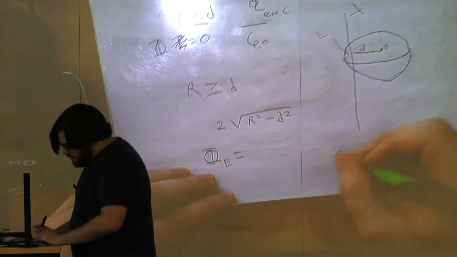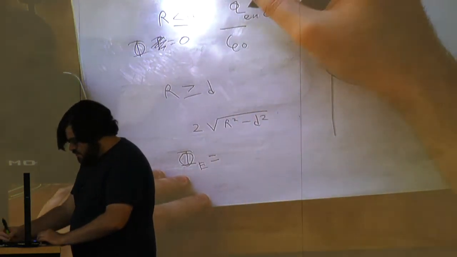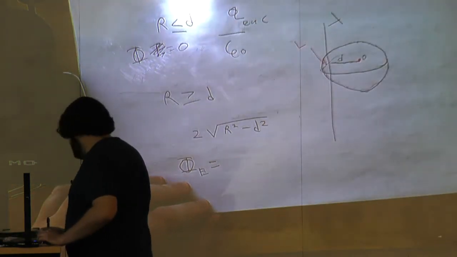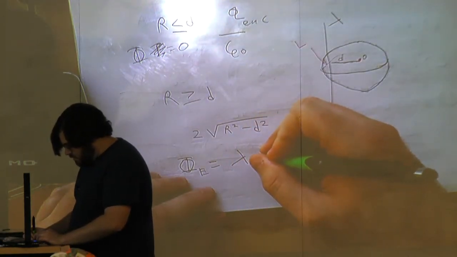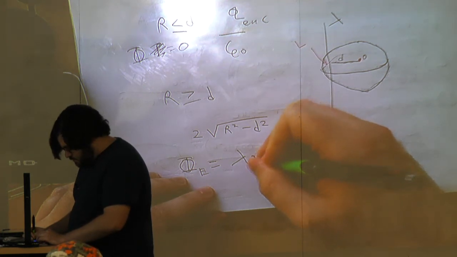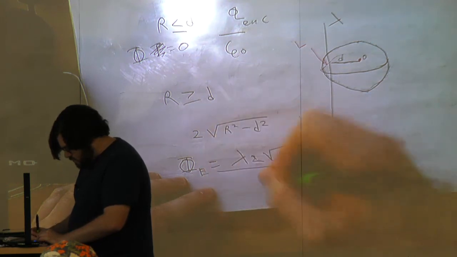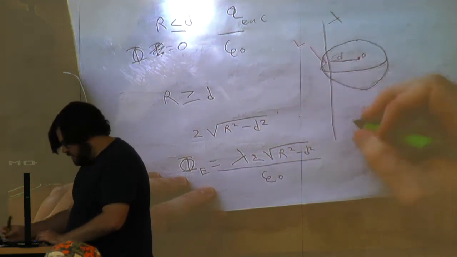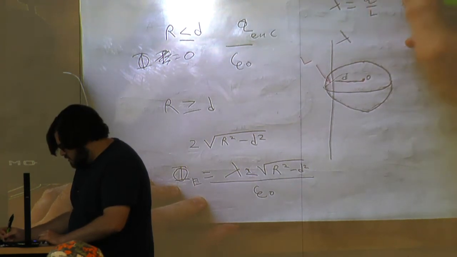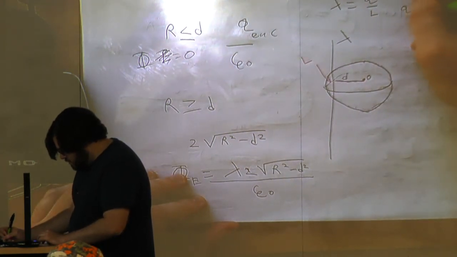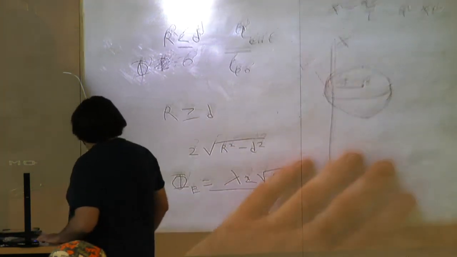So all we're going to do, quite simply, is plug this into Gauss's law. So lambda times length over epsilon, because remember, lambda is Q over L, so Q equals lambda L. All right, so that one.